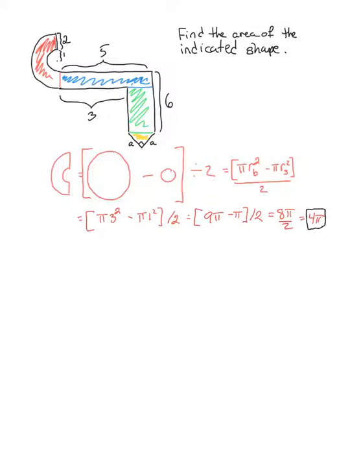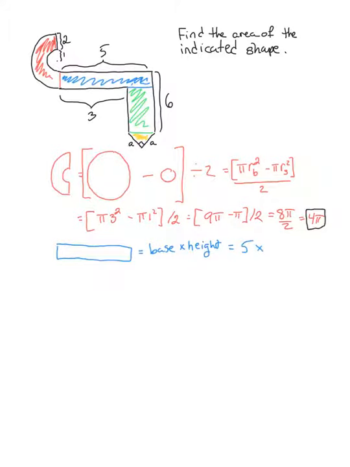Okay, now we need to move on to the blue section. The area of the blue section, I'll just write out the shapes here, is going to equal the base times the height. The base of this blue rectangle is 5.